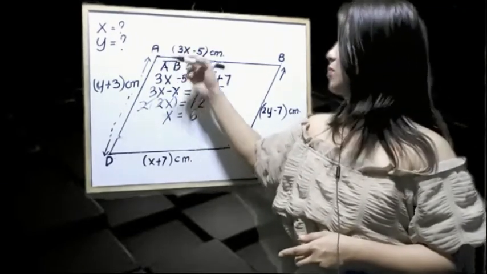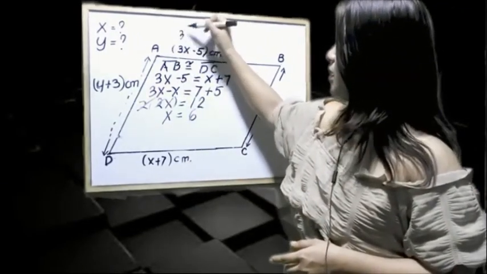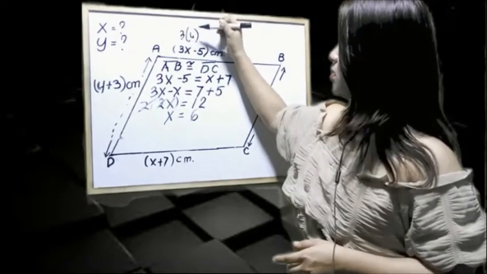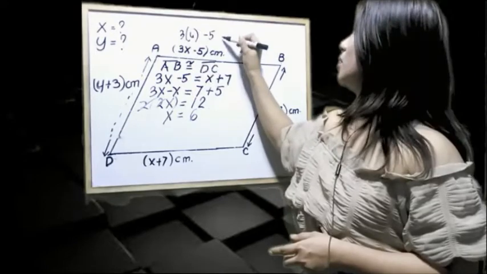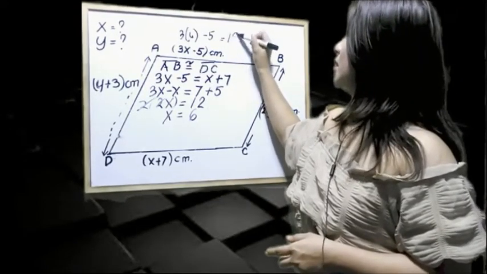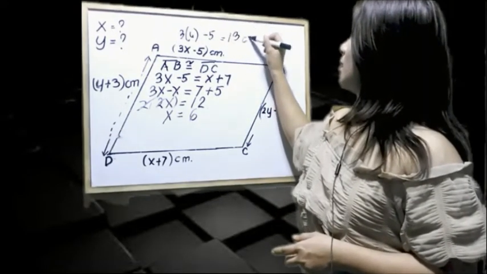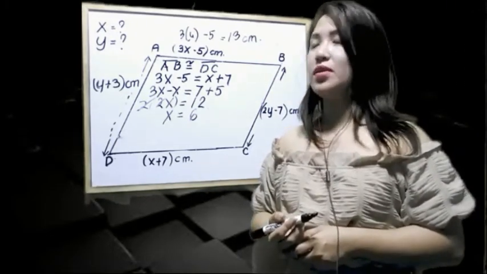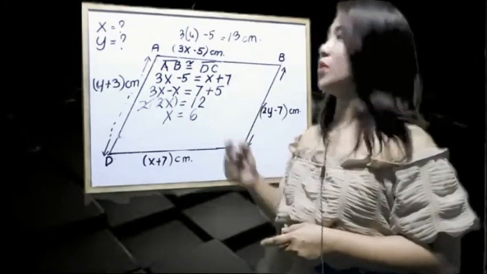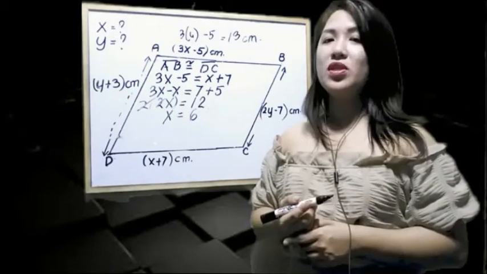So that will be 3 times 6 minus 5. 3 times 6 is 18 minus 5 will give you 13. And this is in centimeters. Alright, so you already know the answer, exact measure for line segment AB, which is 13 centimeters.